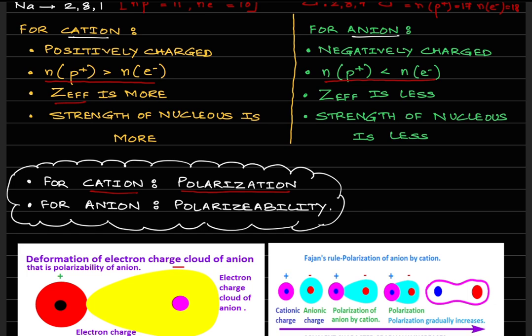But when it comes to anions, we would discuss anions with a factor called polarizability. That means the ability to get polarized. So in case of cation, we are going to focus more on how well it is able to distort the electron cloud.